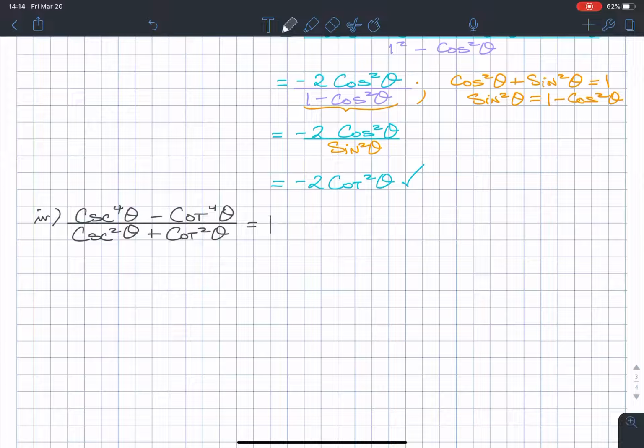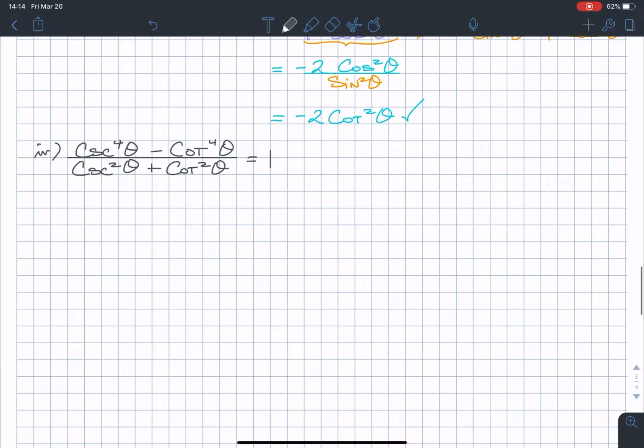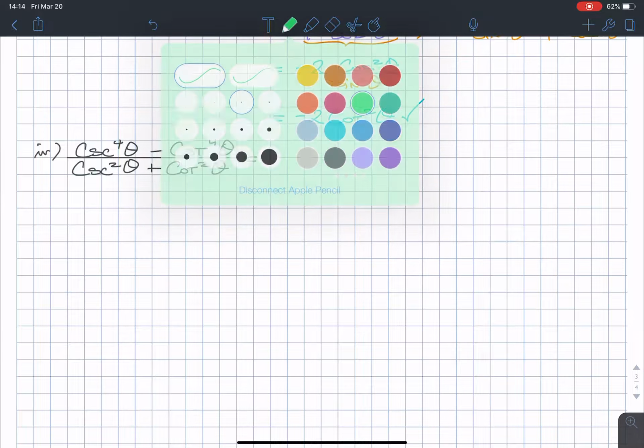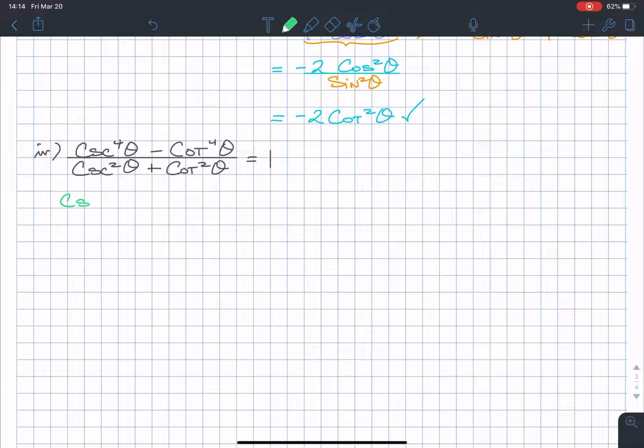Well, clearly the left-hand side is a complicated side. So let's start there. So we have cosecant to the 4th of theta minus cotangent to the 4th of theta all over cosecant squared theta plus cotangent squared theta.